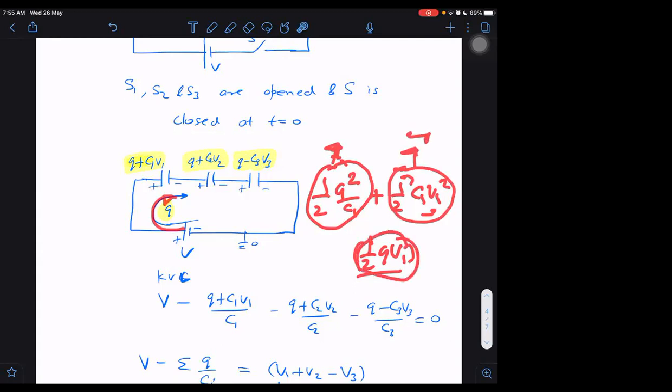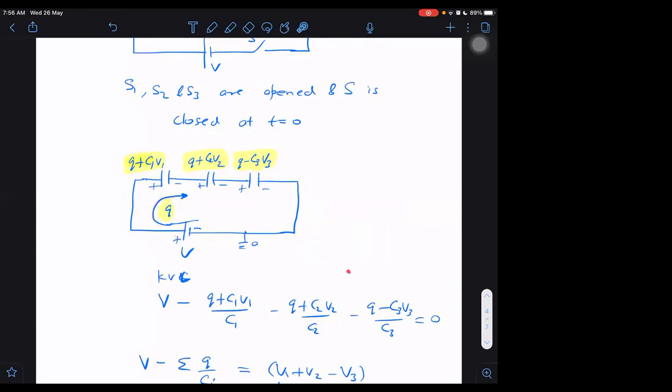This is also actually the contribution due to Q only. This third one is also a contribution due to Q, because initially it was this and this totally final. So this third one is also a contribution due to Q. So it is not just half of Q square by C1, it is coming out to be half of Q square by C1 plus half of Q into V also. One contribution is that, which is involving the product term.